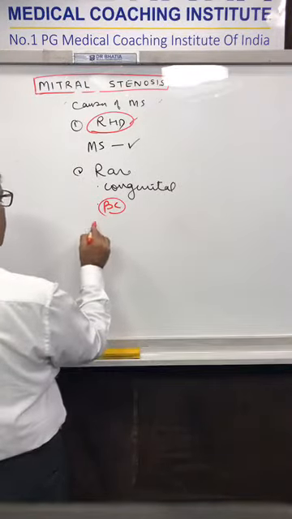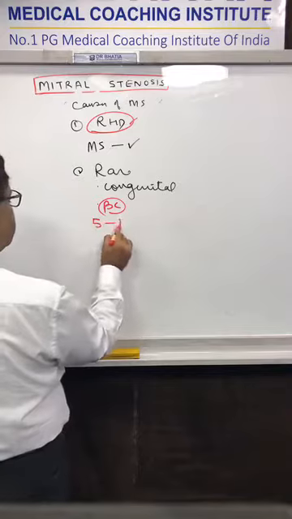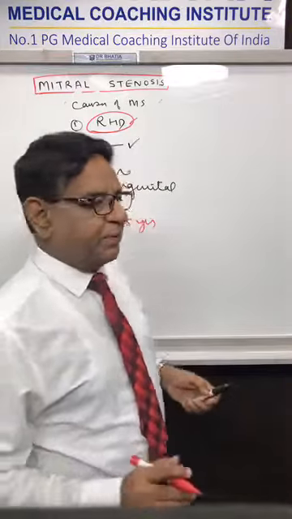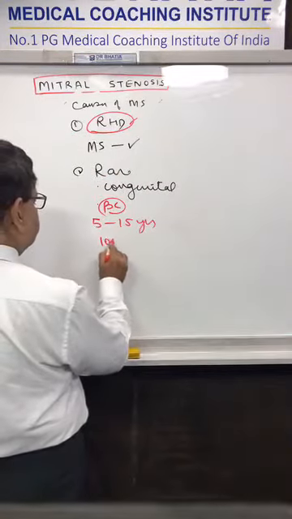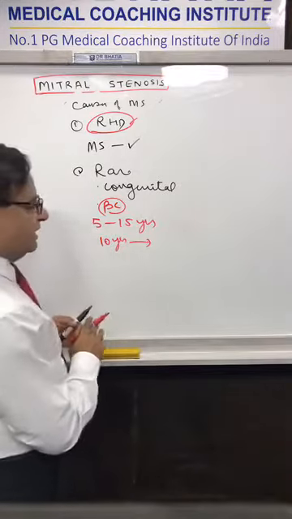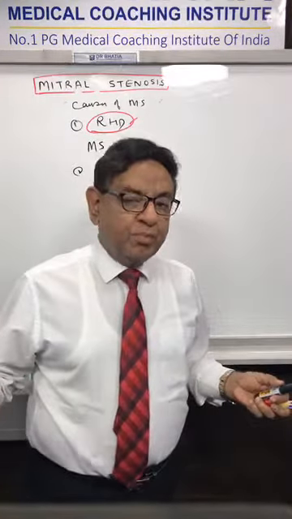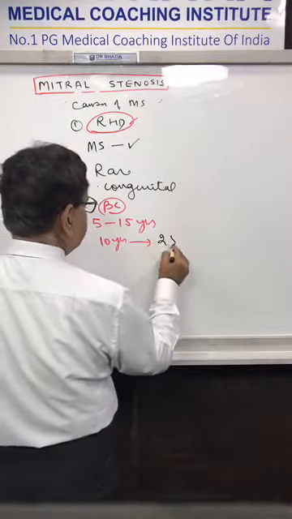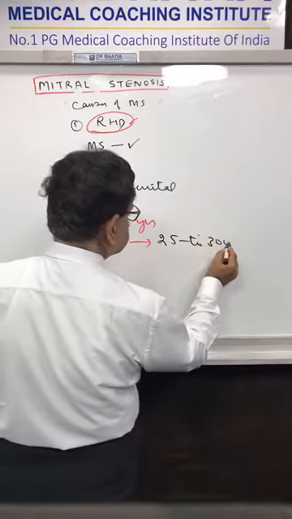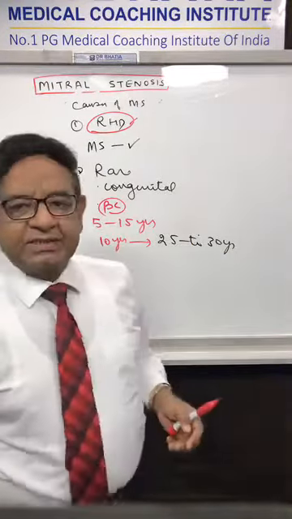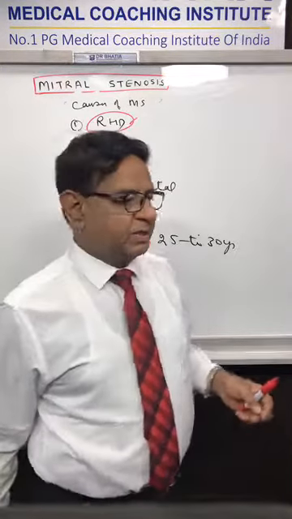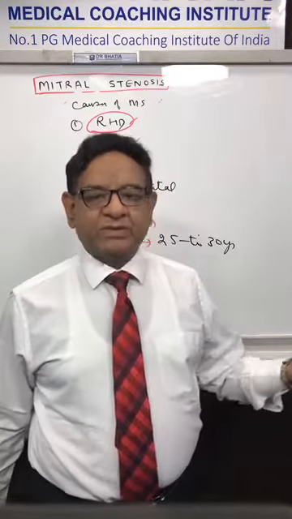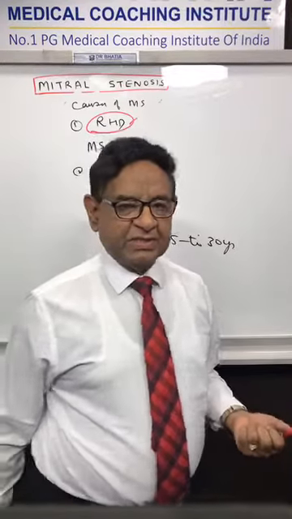Basic concept. The common age of rheumatic fever is 5 to 15 years. Suppose a patient develops rheumatic fever at the age of 10 years. Now, it needs about 10, 15, 20 more years to develop stenosis. That means he will develop stenosis at the age of 25 to 30 years. Stenosis never occurs overnight. So, patients develop MS in middle age or somewhere in the late 20s or 30s.